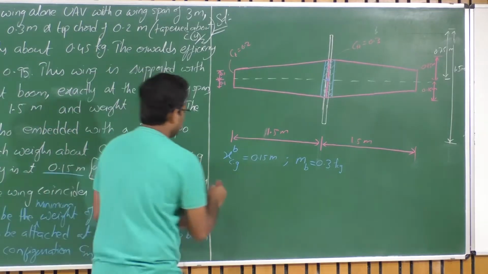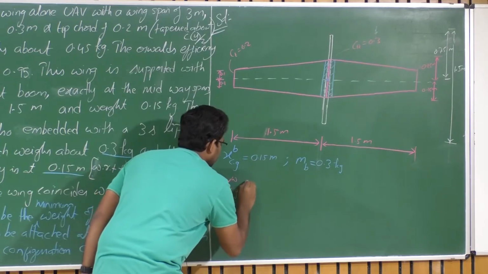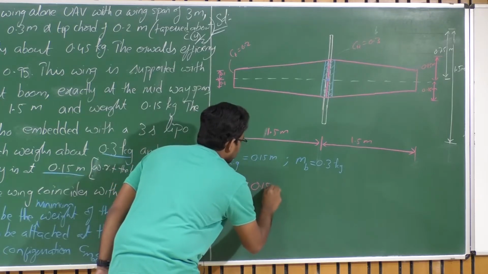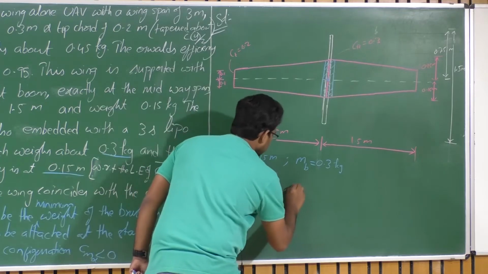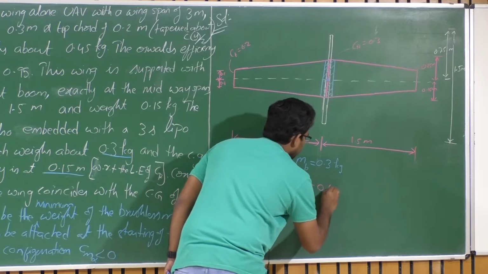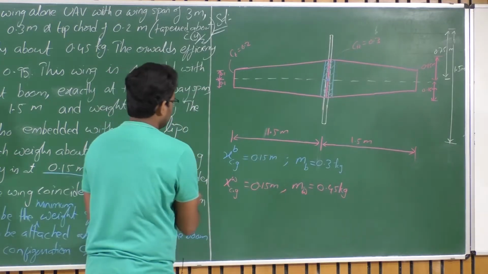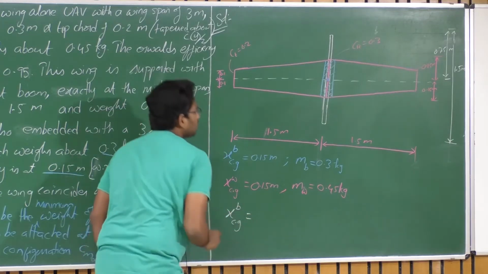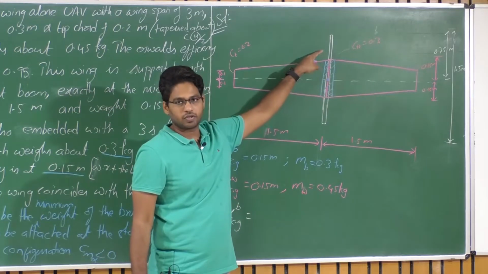And then the wing, X CG of the wing is at 0.15 meters again with respect to the leading edge of the root chord, and the mass of the wing is about 0.45 kg. And we have the boom, so X CG of the boom is equal to 0.15 meters with respect to the leading edge of the root chord, isn't it?